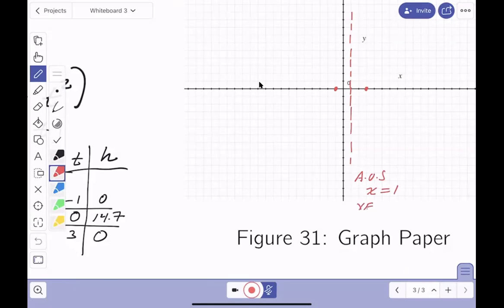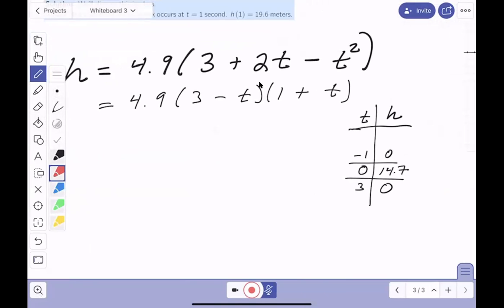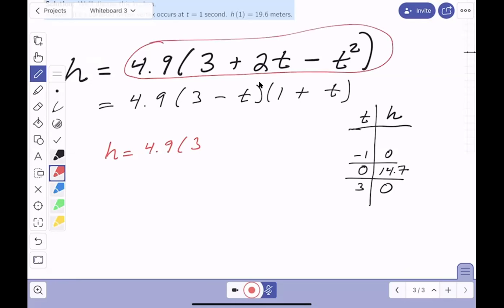The vertex is going to be 1, comma, well, I don't know. I've got to plug that in, don't I? Let's do that. So if I'm putting 1 down, what's h if I put 1 down? Let's write this down. 4.9 times 3 plus 2, if t is 1, minus 1.